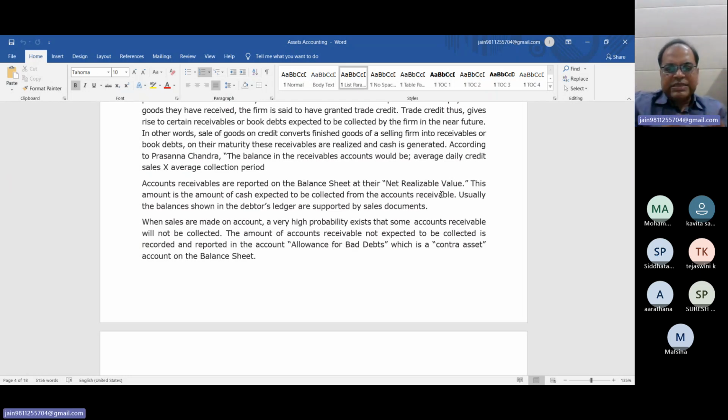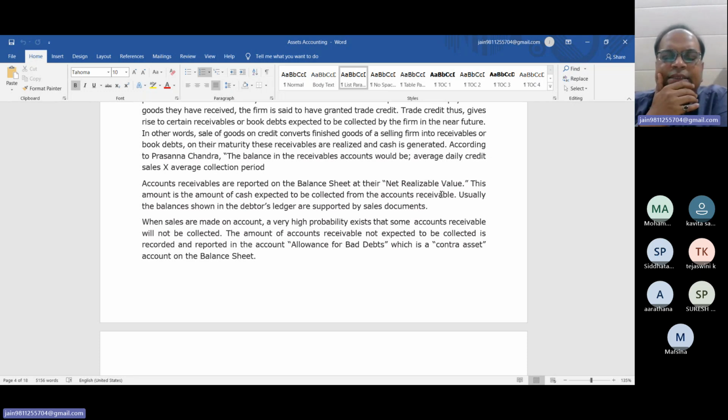And some adjustments are given outside the trial balance. Number one adjustment is bad debts. Number two adjustment is provision for doubtful debt. So we have to record the account receivable in the balance sheet after adjustment of bad debts and after considering the provision for doubtful debts.